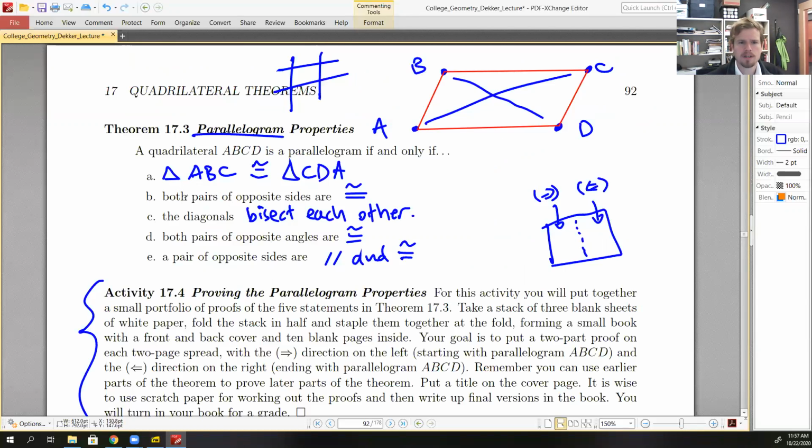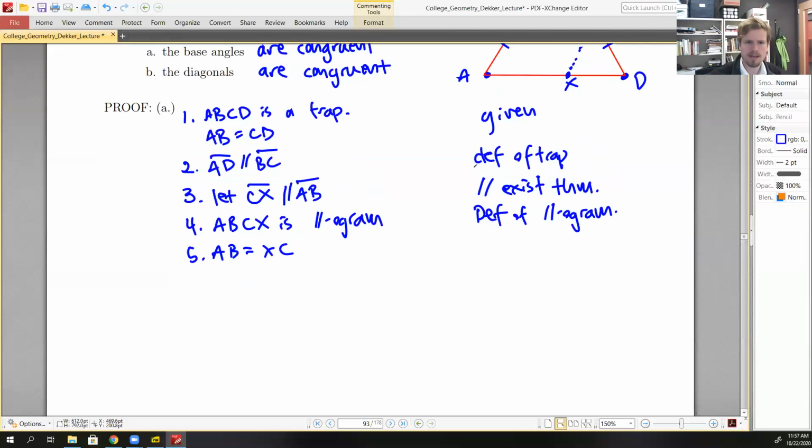Both pairs of opposite sides are congruent. That's what we have here. So this is by theorem 17.3, in particular, part B.